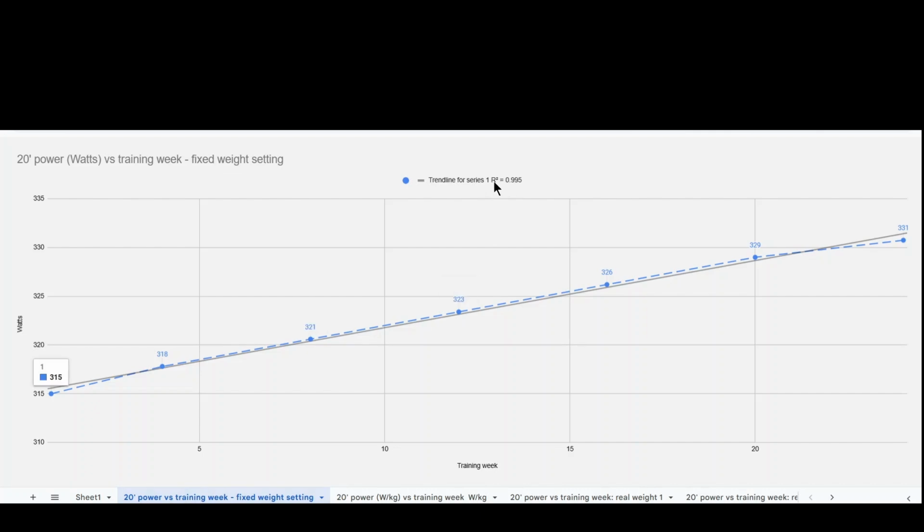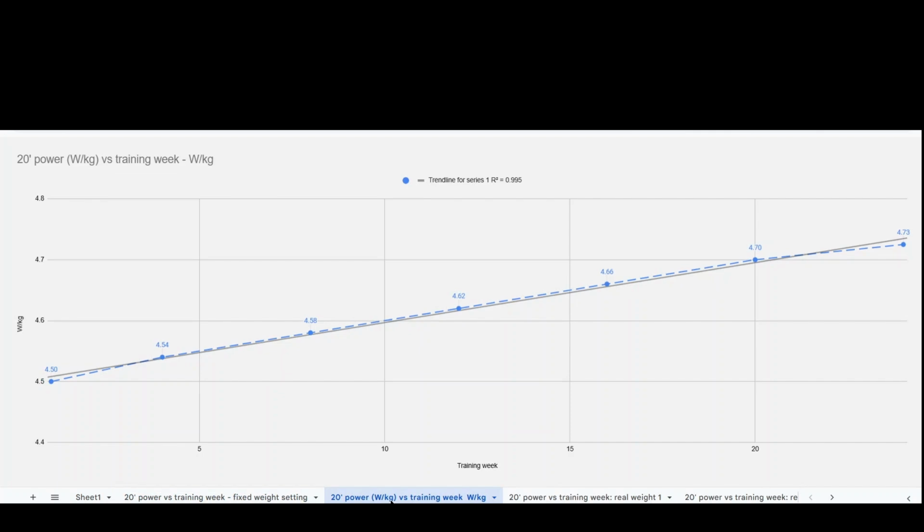The R squared is nearly 1, essentially 1. And these are the various power values, taking those watts per kilogram and using a fixed weight setting of 70 kilograms. This is the power outcomes, and this is the slope that we see.